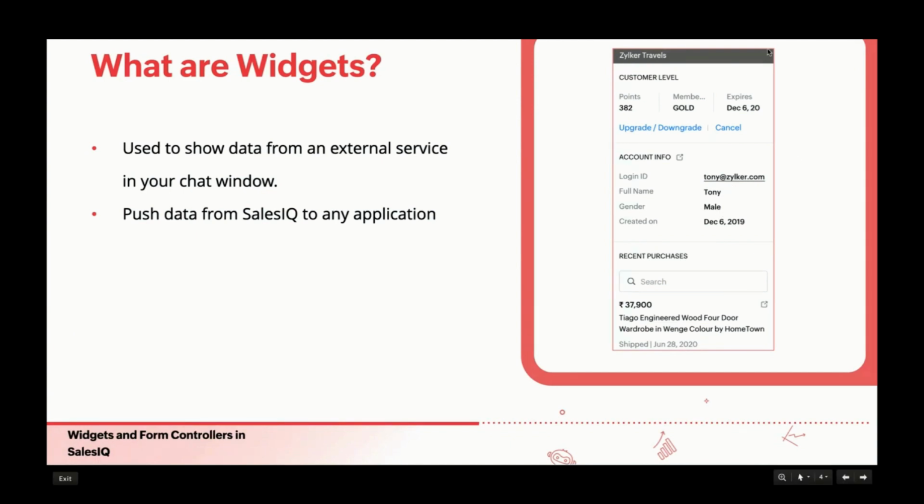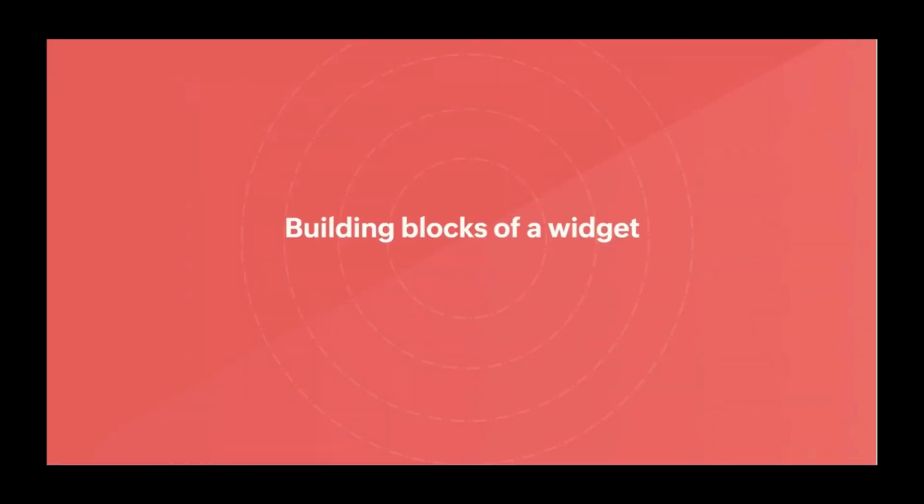The one that you see here on the screen on the right-hand side is an example of a widget. This is a widget named Zilker Travels that has a bunch of sections that display different categories of information for the operator to learn about the visitor while also communicating with the visitor simultaneously.